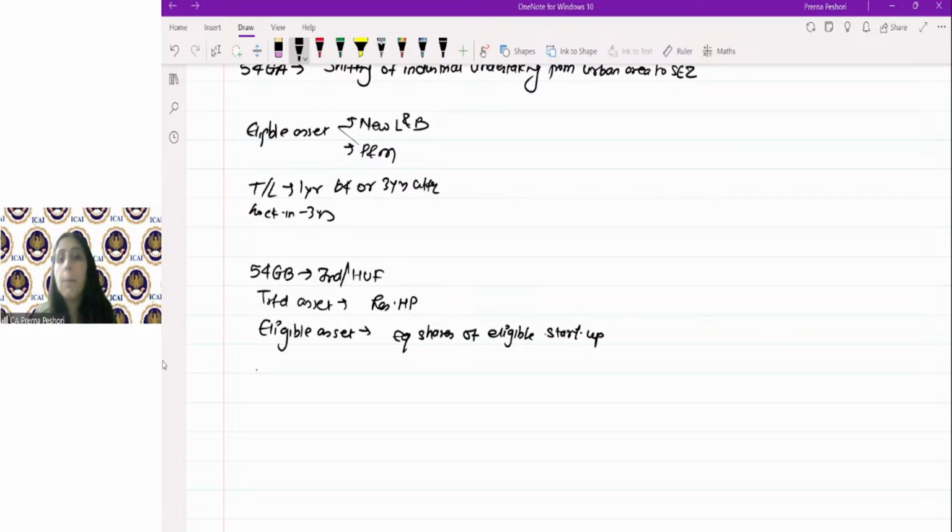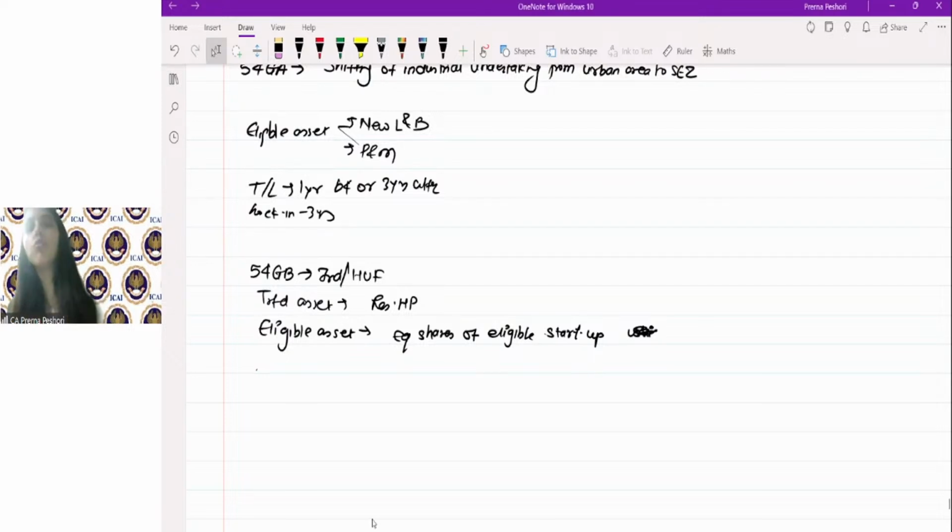Right? Now, what is the eligible company? The company should have been incorporated in the year in which capital gain arises or in the following year on or before the due date of filing return of income.